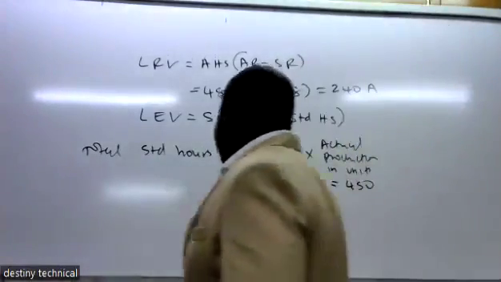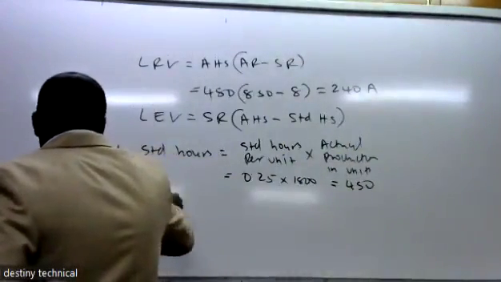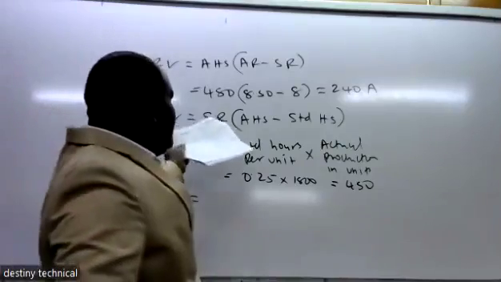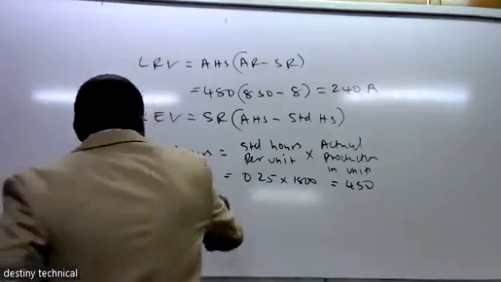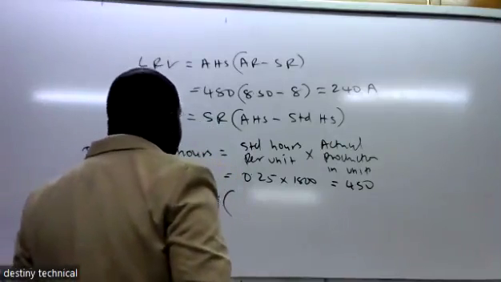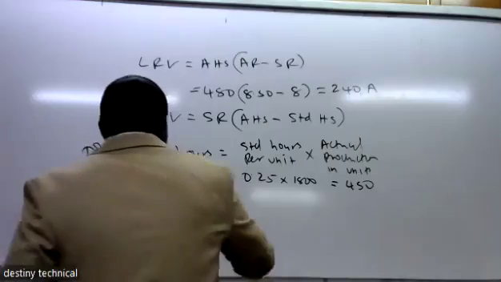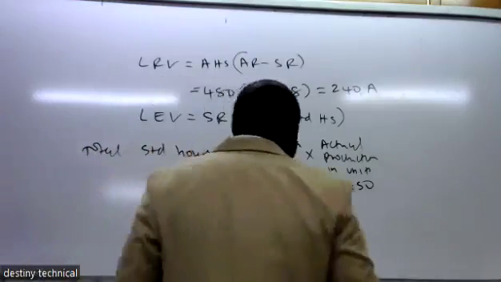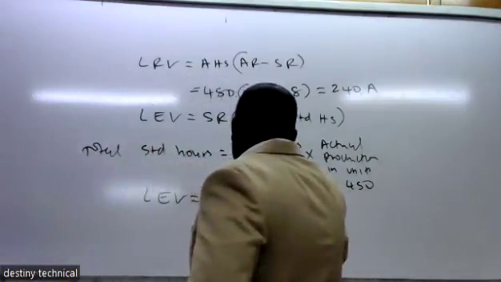So labor efficiency variance is the standard rate, which is 8. Actual hours, you can see the actual hours are 480. The standard hours are 450.